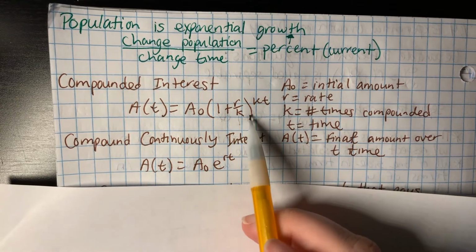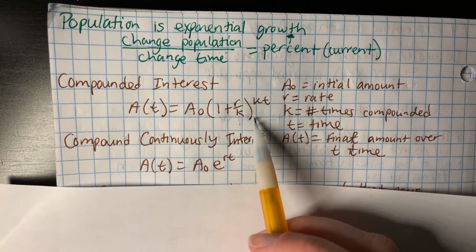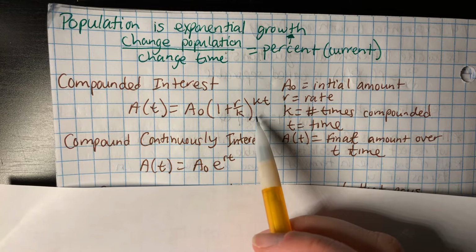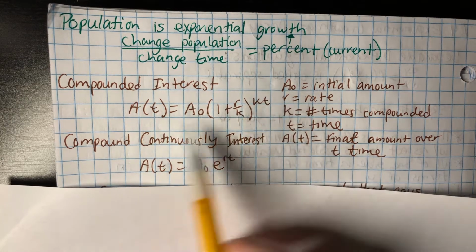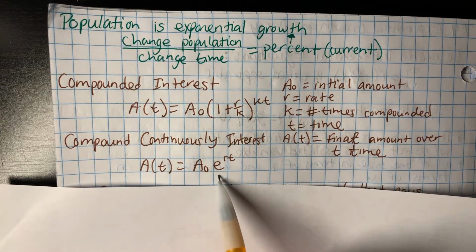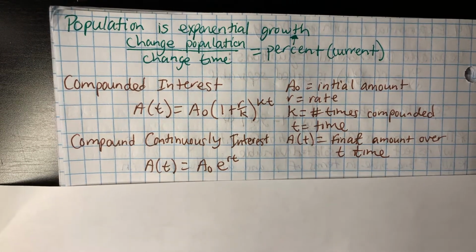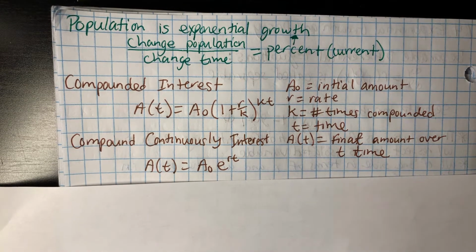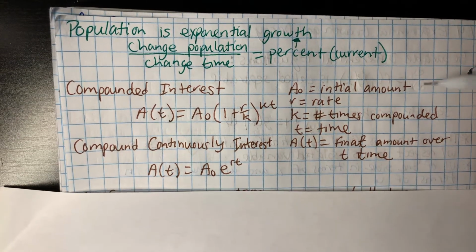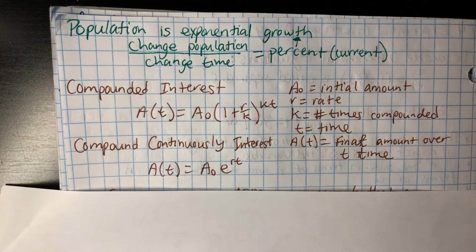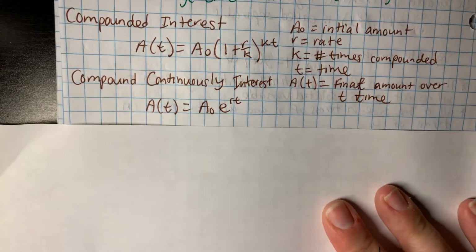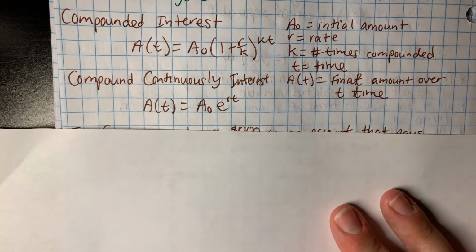This is if we compounded something, let's say we compound our interest daily, weekly, monthly, biannually. All right, we'd use this equation. This is if we compound our interest continuously. So our interest is constantly being accrued to our equation, right? These are what the different components of our equation mean. I'm not going to talk about that long because you have a chance to peek at those.